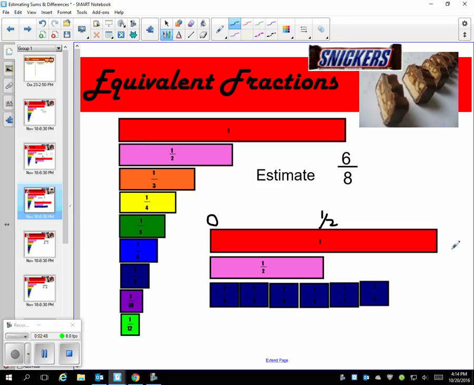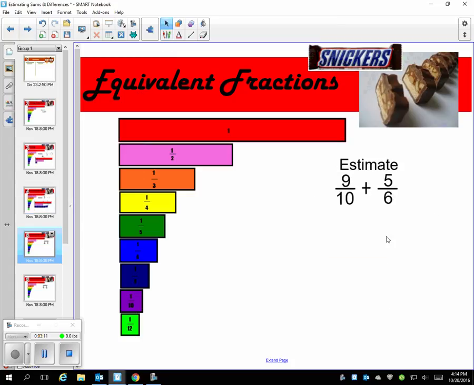And if this was 1 whole, we can see that 6/8 is actually closer to the whole right here because it's way more than a half and actually closer to the whole. So if we estimated 6/8, we're going to say that it's closer to 1 whole. All right, let's go on to our next one.